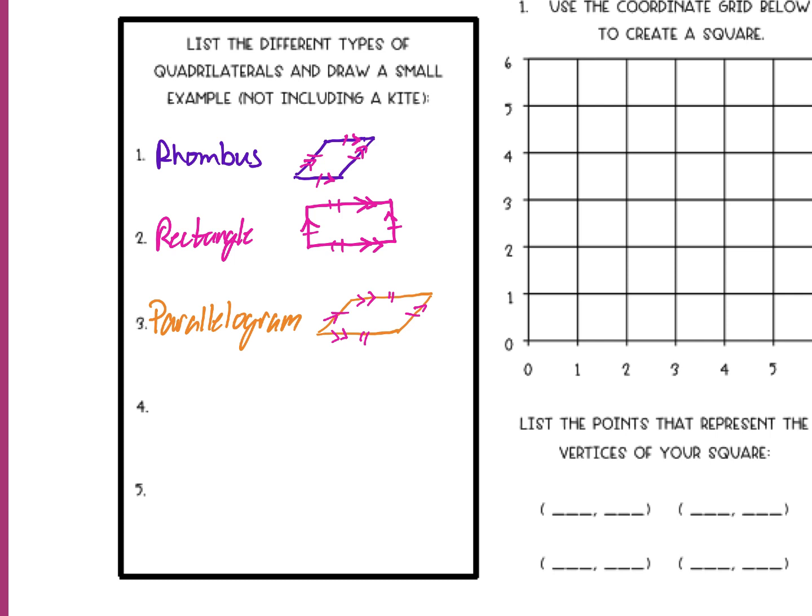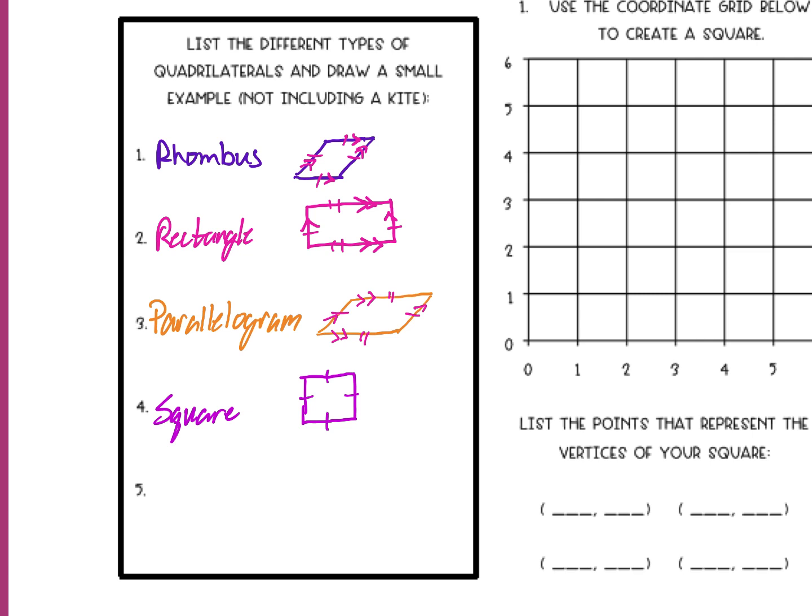What's another type of quadrilateral? Got two more. Square, yep. And it has, that's pretty good, right? All four sides are equal and opposite sides are parallel.